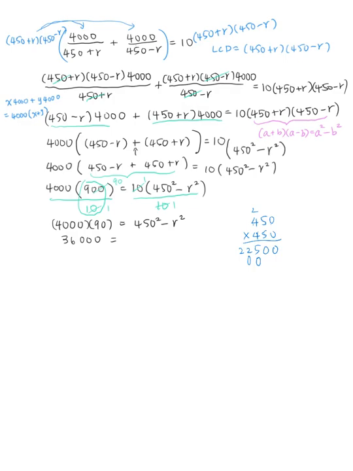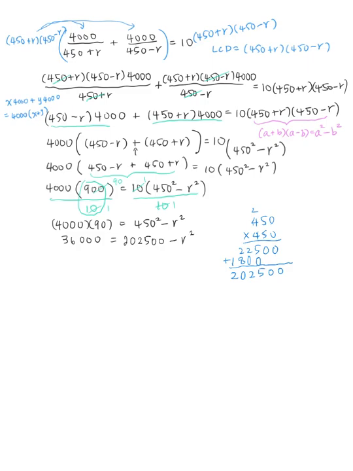And then 4 times 4 is 16 plus 2, that will be 18. Alright, now I'm going to add 0, 0, 5, 2, 0, and then 2. Okay, see? We can do that. So 450 squared is going to be 202,500, and then we have minus r squared.